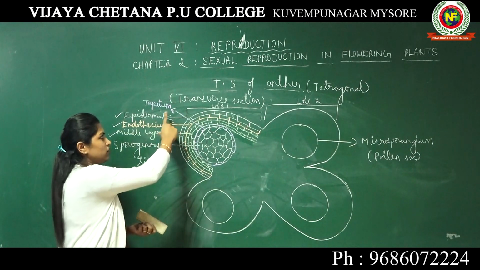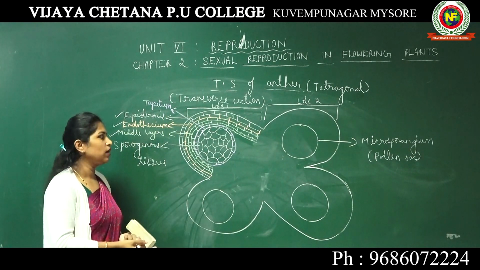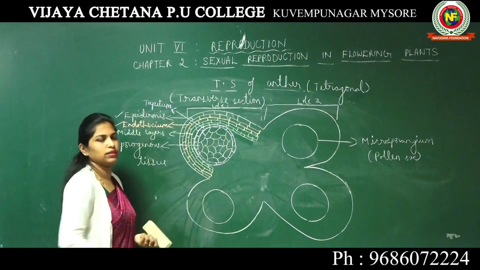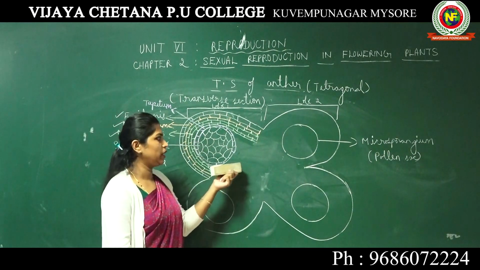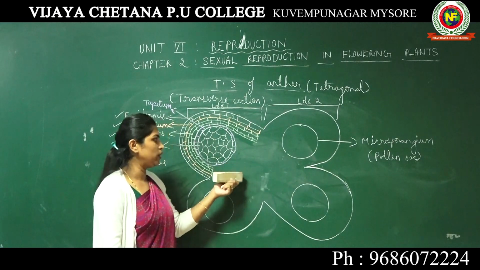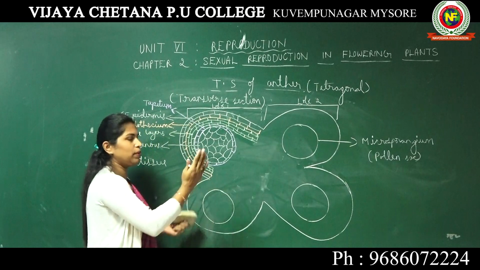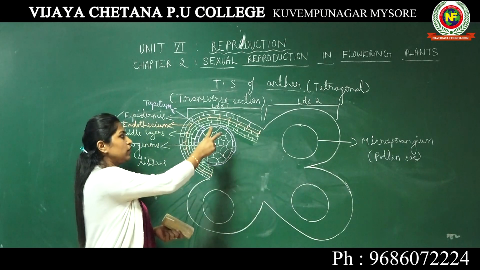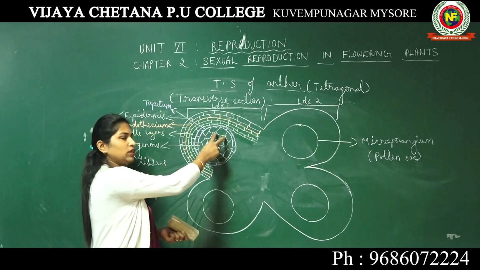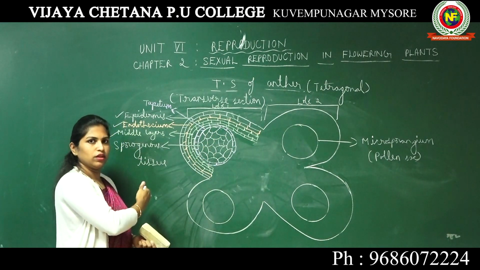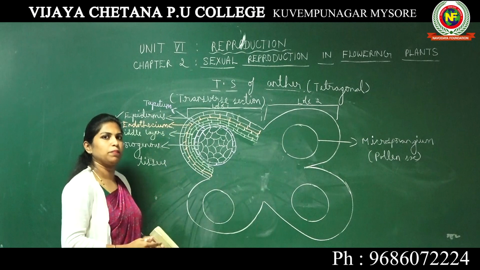Their function is mainly protection, and they also help in the dehiscence of anther. What is dehiscence? Dehiscence is a process in which, when the anther is matured enough, it breaks open so that the pollen grains present inside the microsporangium can come out of the anther and go and sit on the stigma.